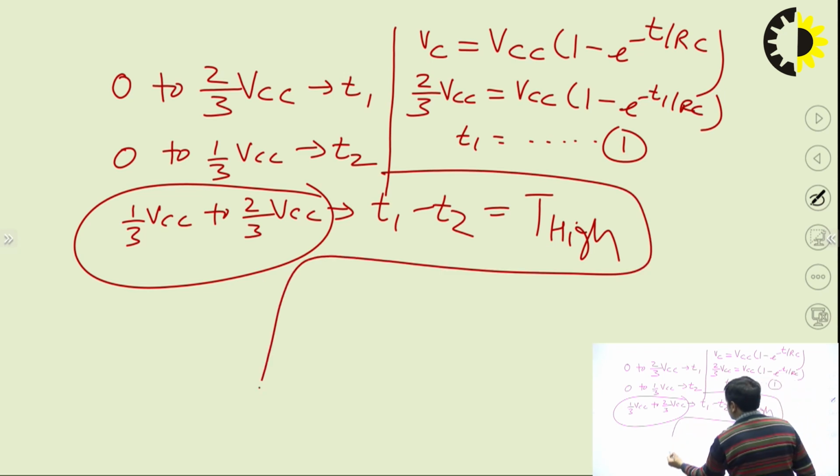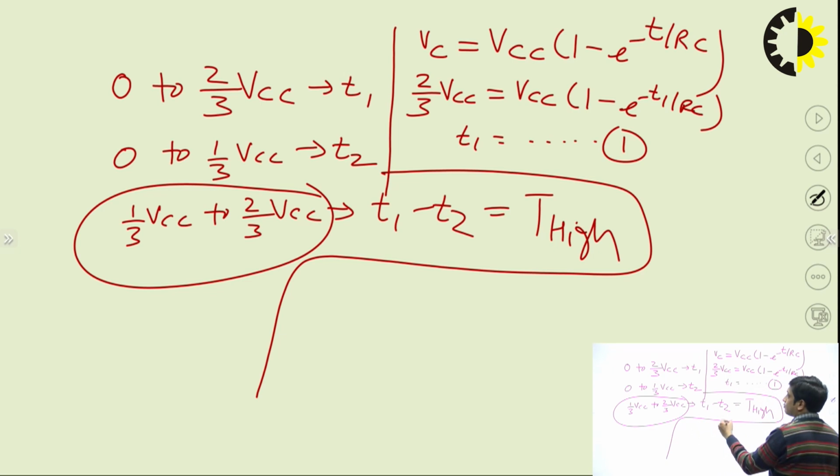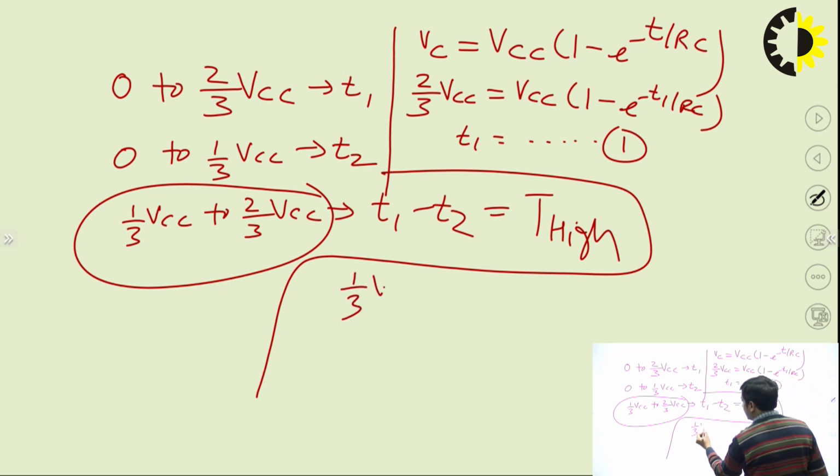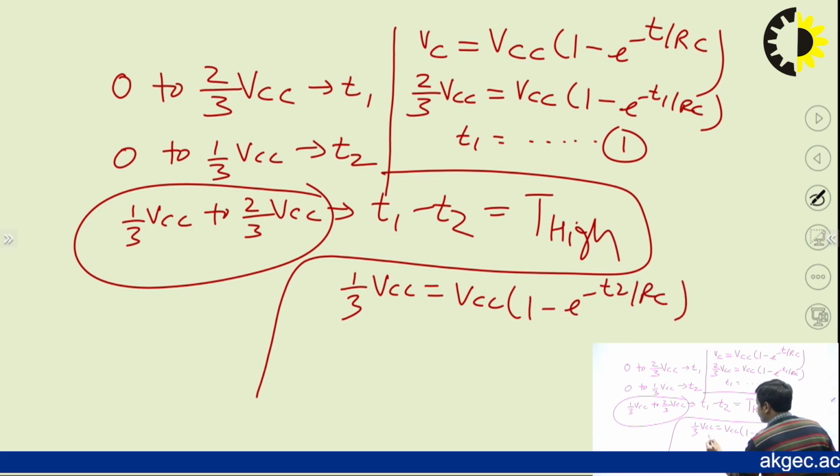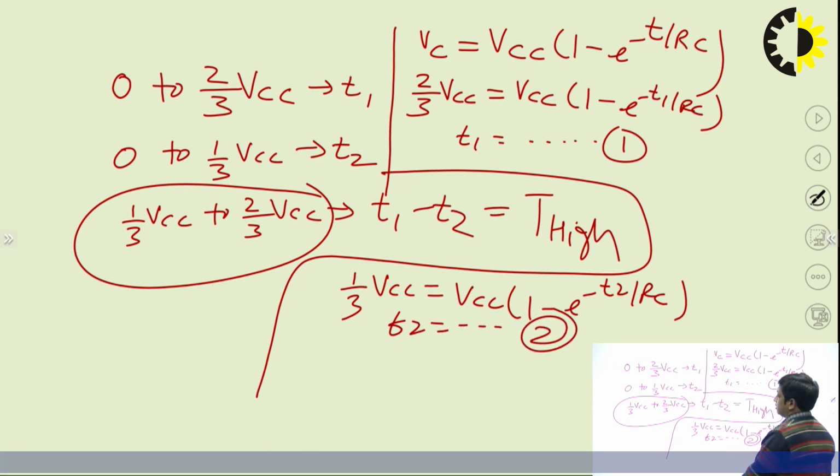Similarly, we can calculate the time taken by the capacitor to charge from 0 to 1 by 3 VCC. That will be 1 by 3 VCC equal to VCC times (1 minus e to the power minus T2 by RC). So from here we can calculate the value of T2, equation number 2.